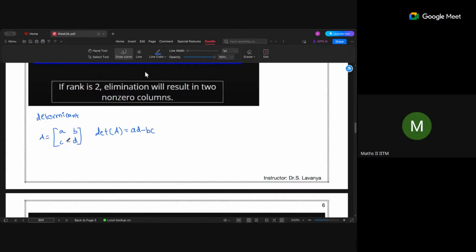Remember, the determinant is simply ad minus bc. So for example, if I'm giving 1, minus 1, 2, and 3, what is the determinant of A? It is 3 minus minus 2, so it is 5.